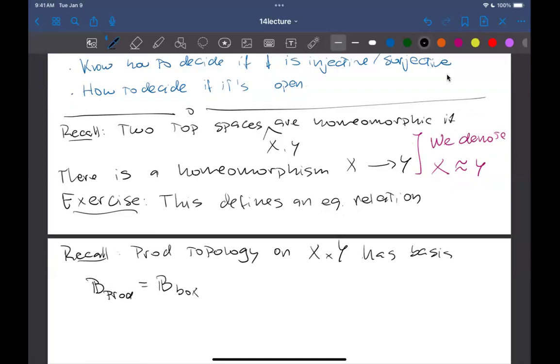And it's given precisely by subsets of the form U times V, where U is open in X, V is open in Y. So nothing new here.